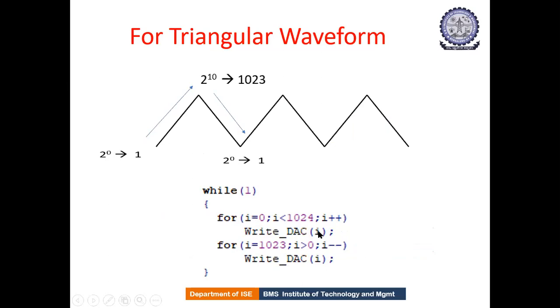That means you start from 0, then go 1, 2, 3, 4, and go on till 1023. The triangular waveform is obtained by writing from 0 to 1023 and from 1023 to 0. That means we are performing a charging and discharging operation of a capacitor using a for loop. That's how the program is written for a triangular waveform.